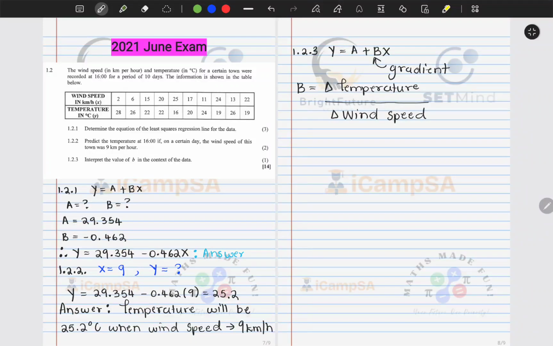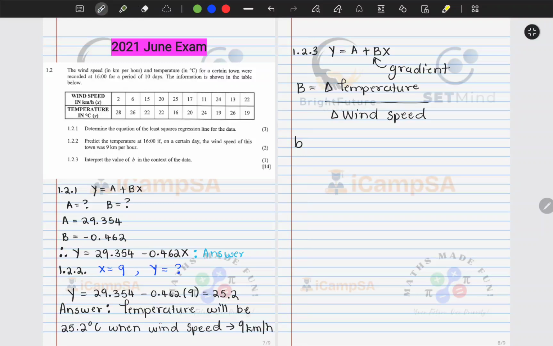So we can say our B is the average change, or if you observe carefully, the lower the temperature, the higher the wind speed. So we could maybe phrase this way. So we can just phrase it as the change in temperature with respect to speed.